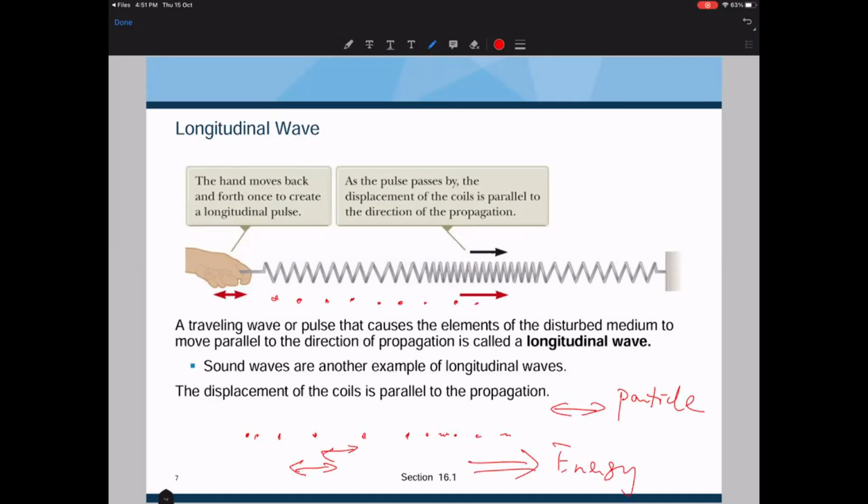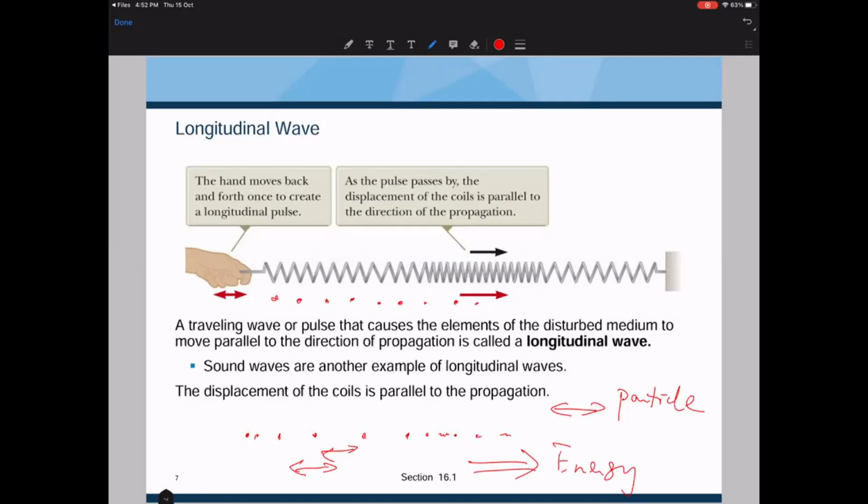Where would you see a longitudinal wave? For example, you have a spring and you try to push and pull the spring. Standing wave does not necessarily mean longitudinal wave. I will show you some YouTube later and see a standing transverse wave.